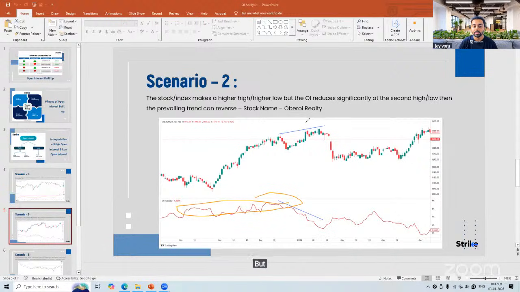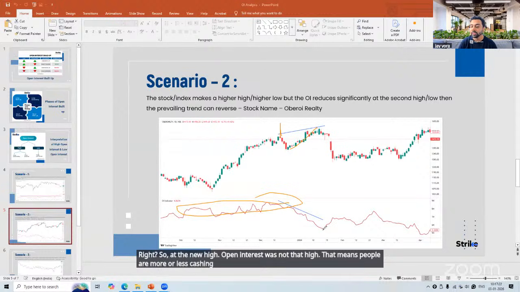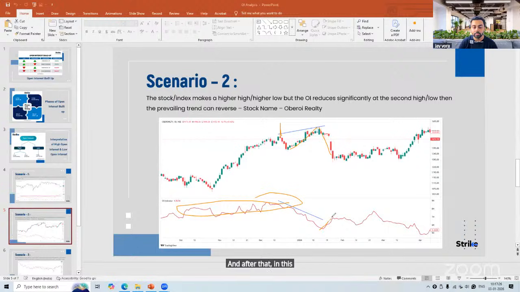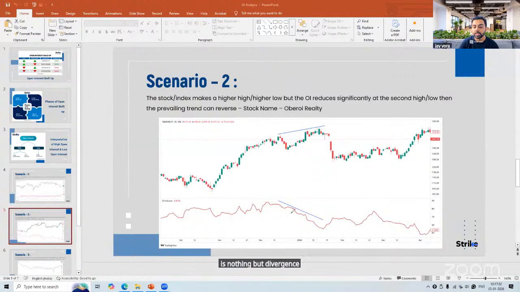But after this high, in fact around this high only, open interest started reducing. So at the new high, open interest was not that high. That means people are more or less cashing out from their positions and turning neutral. And after that, in this decline, you see there is a spike in open interest, right? So this is nothing but divergence between price and open interest.